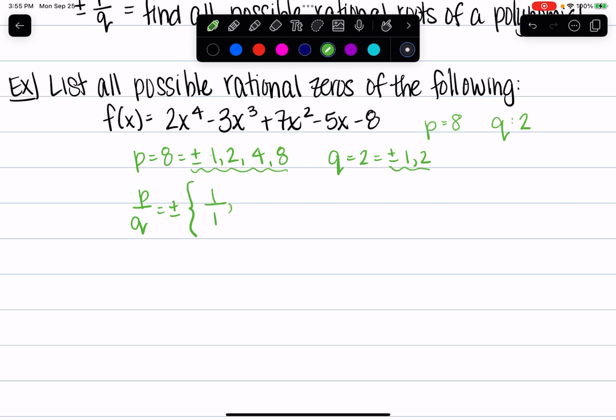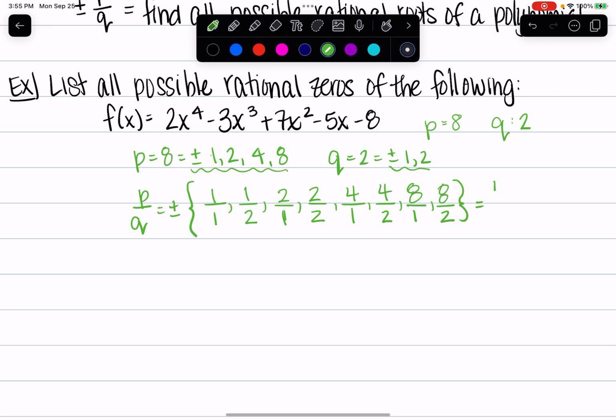And then I'm going to do 1 divided by 2 because it has to be every possible combination. 2 divided by 1. 2 divided by 2. 4 divided by 1. 4 divided by 2. 8 divided by 1. 8 divided by 2. Now again, as you get faster, you don't need this step.